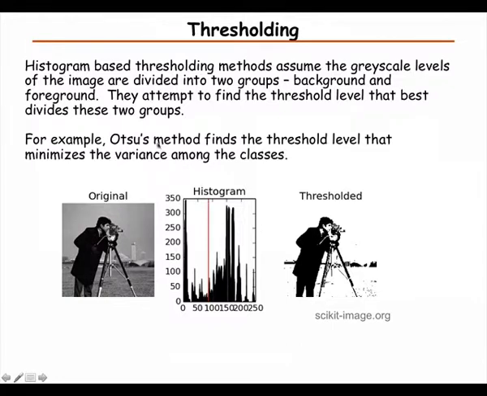One way, developed by Otsu, is to minimize the variance among these two classes. So minimize the variance of the parts of the image that are considered foreground and the parts that are considered background.